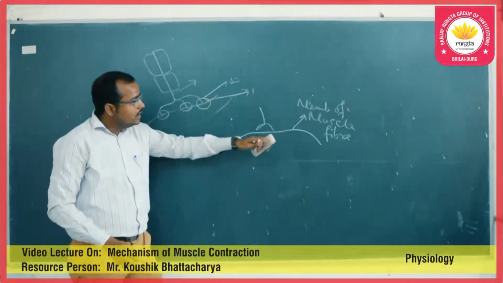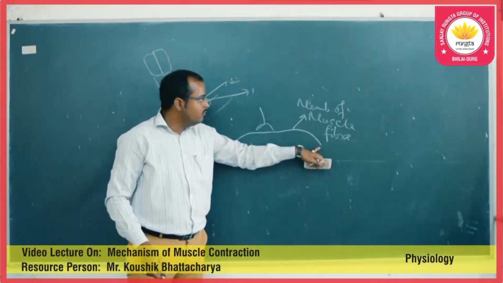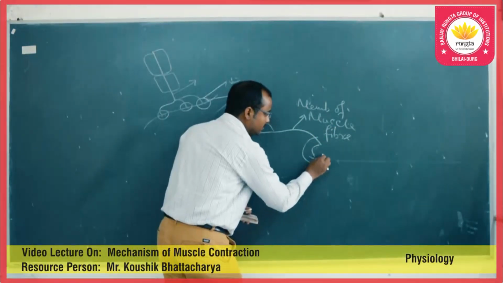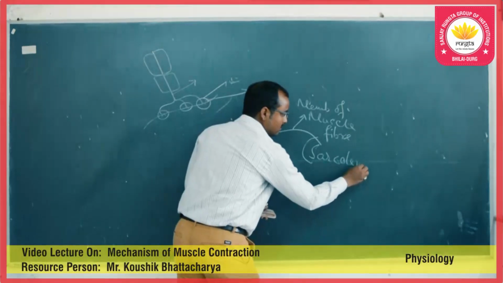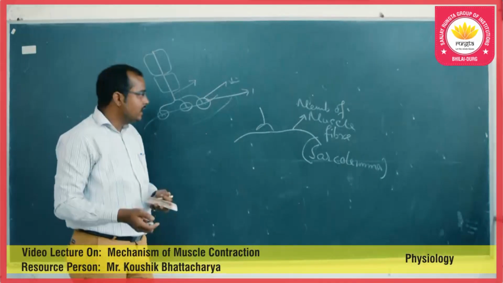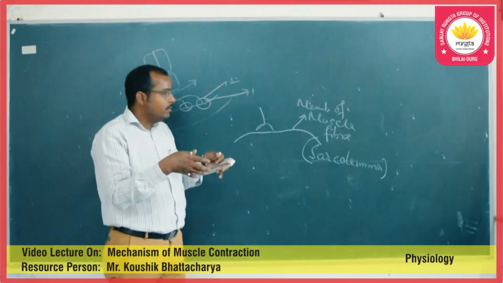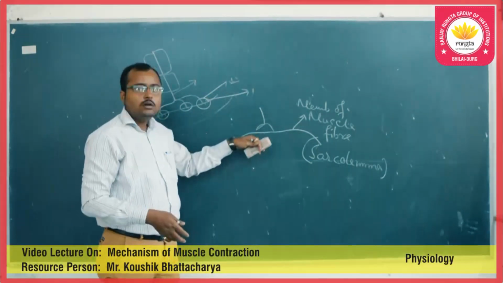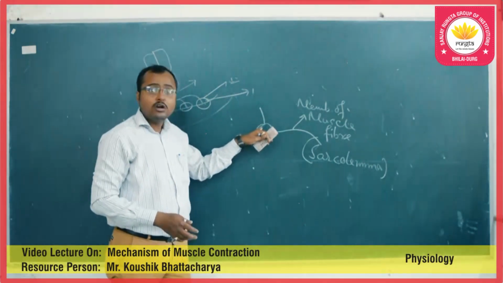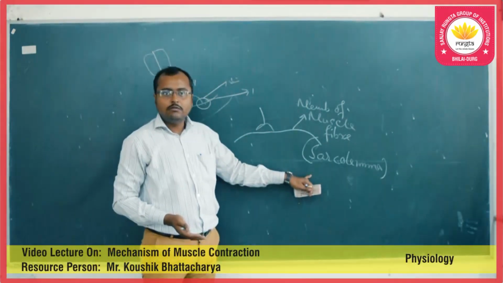This membrane of the muscle fiber, in one word, we know as the sarcolemma. So basically the junction will happen in between the neuronal terminal, or the motor nerve ending, and the sarcolemma, right?